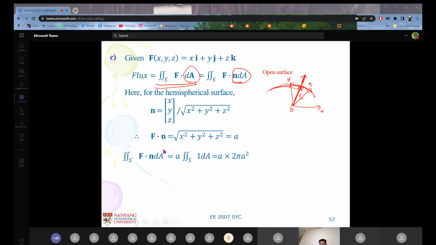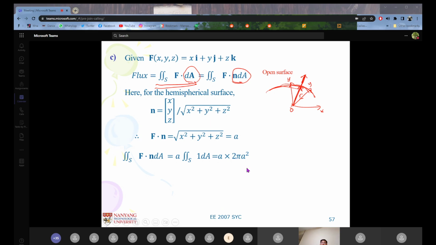So the integration of this one here becomes what? Over here, F dot N is just a constant A. So I can take it out, left with only one. So I integrate over the area of this surface. So A retains. What's the area of this surface?